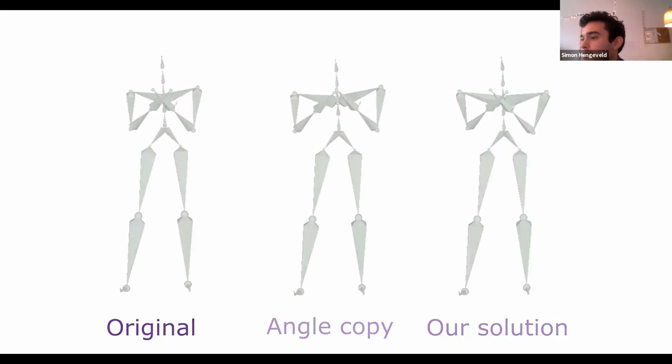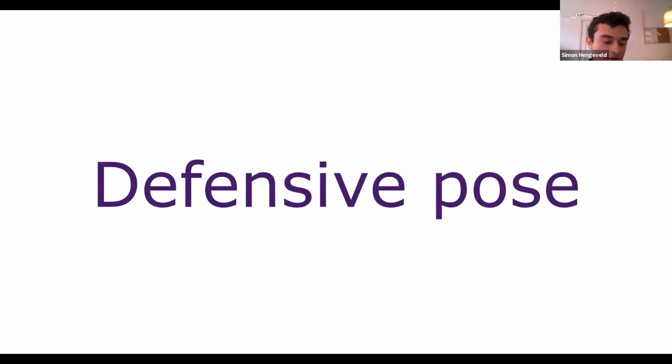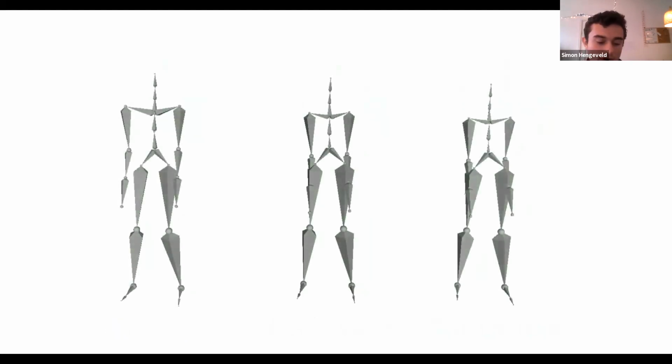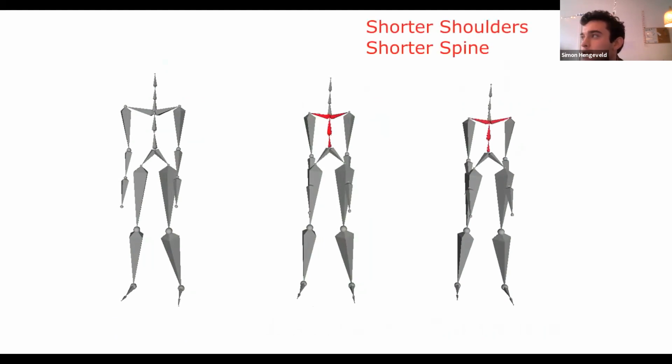All right, now we will look at the final motion in which a skeleton goes into a defensive pose. Here, I made some slightly more changes to the skeleton to show that the more we change the skeleton, the more our approach starts to suffer a little bit, because it introduces some small extra movements that were not there in the original motion.